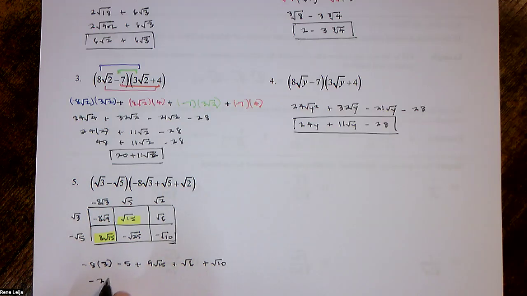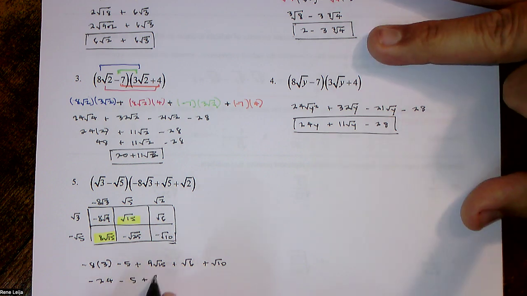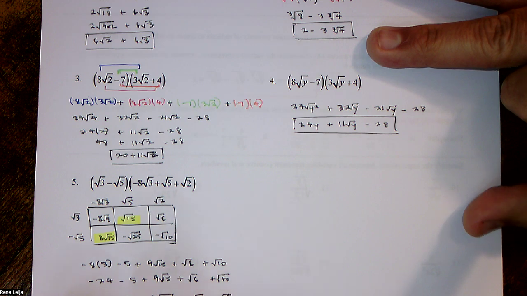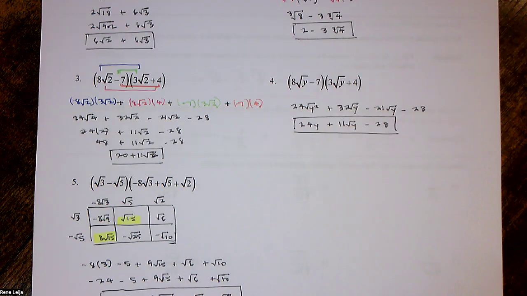So minus 24 minus 5 plus all of this. So that's minus 29. And then we get all of this that just doesn't simplify. Okay. And that's about it for that one.